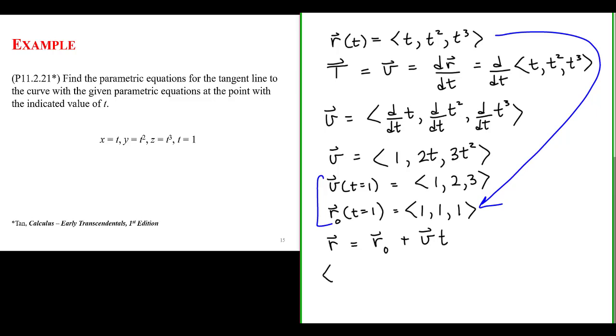So x, y, and z is equal to our known point on the line, 1, 1, 1, being a position vector that locates that point on our line, plus the velocity vector at that point, 1, 2, 3, times our parameter t.